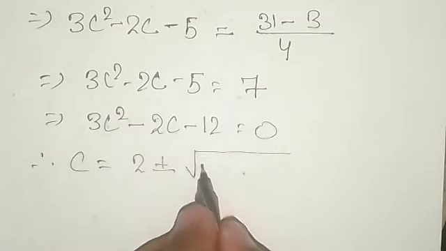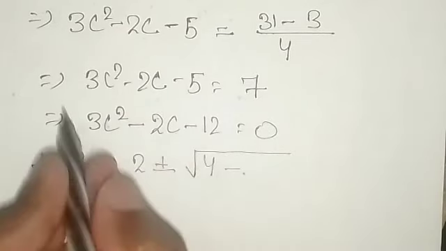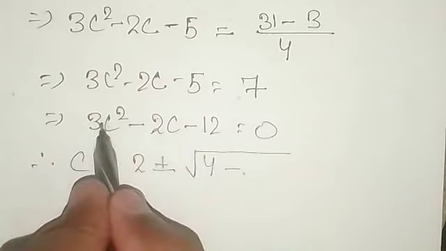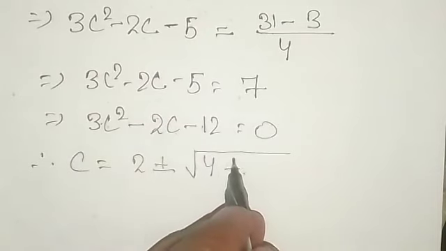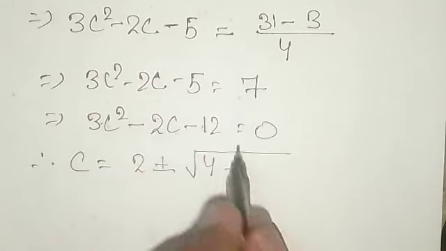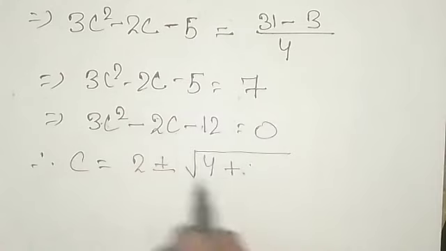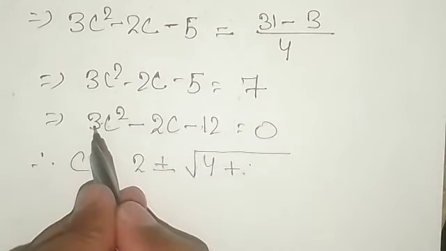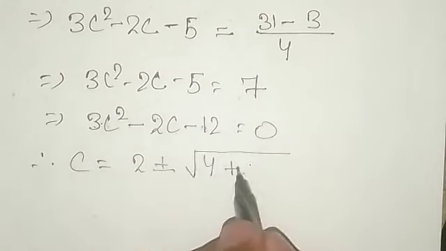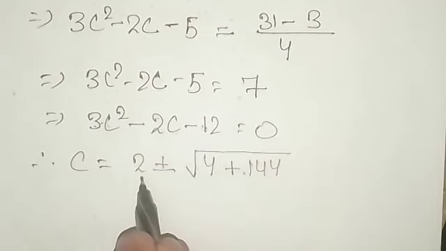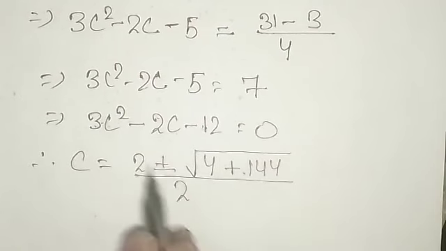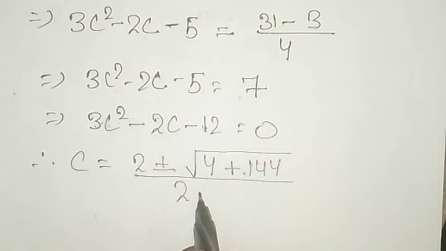So b is minus 2, that is 4, minus 4ac. a is 3, and c is minus 12, right? So minus minus plus, 4 threes are 12, and 12 twelves are 144, by 2a. So 2 into 3.